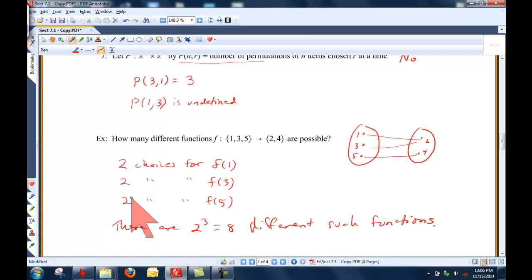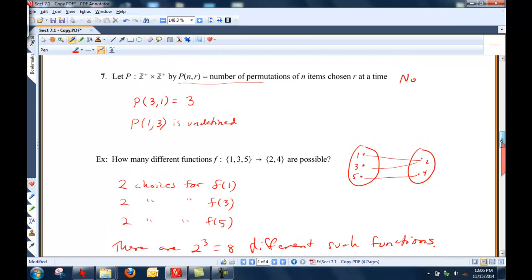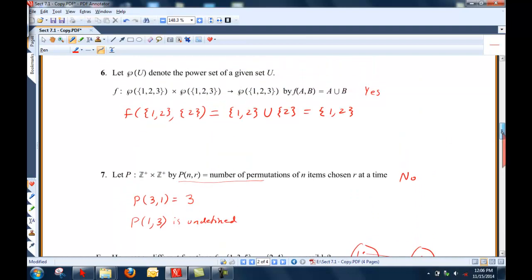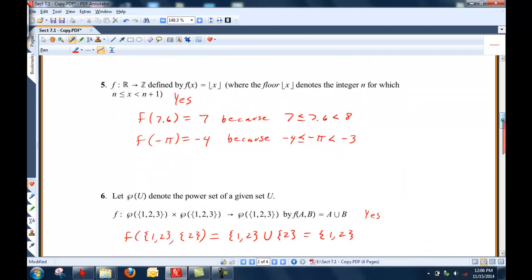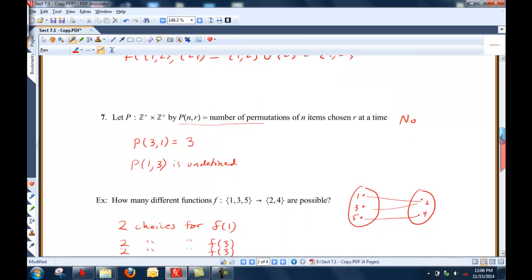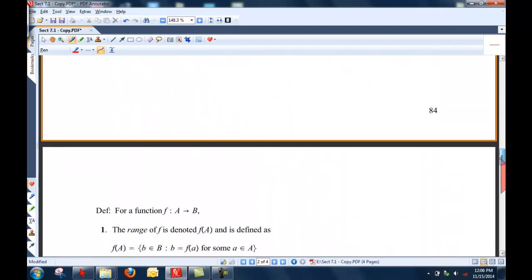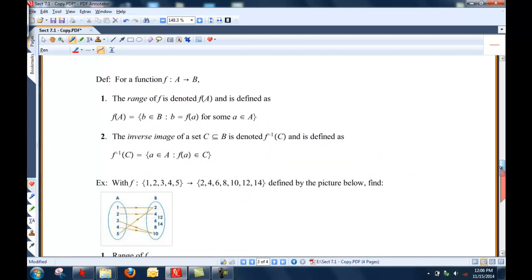Some of the examples we were looking at had infinite domains, like here was an example of a function. And the domain and codomain here were infinite, so there would be an infinite number of such functions that might do the same thing in a different situation.